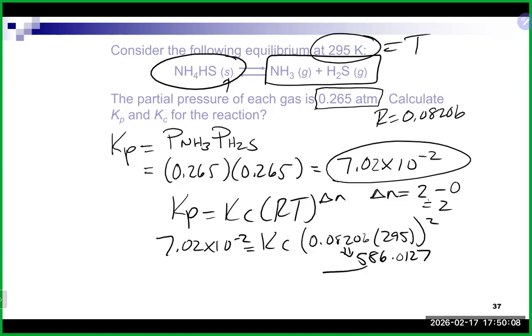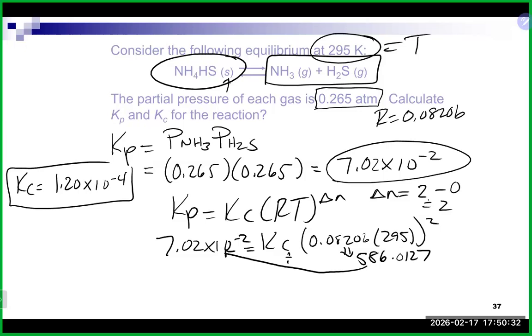We're going to take this to the other side and divide, so we take 7.02 times 10 to the minus 2 divided by that number. And there we go, that's going to give us a Kc of about 1.20 times 10 to the minus 4 in this case. Any questions on any of those?